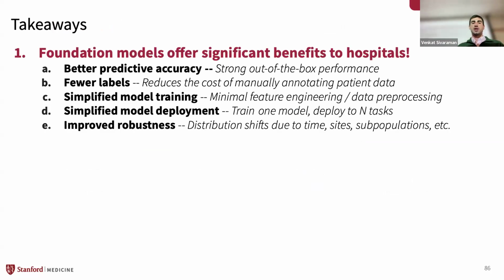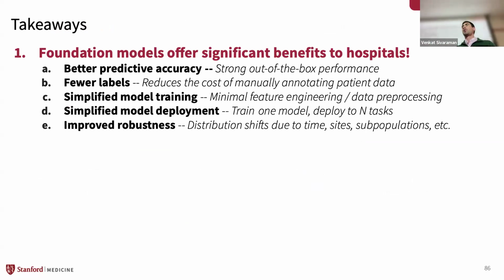So what does this mean for hospitals? Just to very briefly conclude, I think the main takeaway from at least my experience working in this field is that foundation models do have the potential to offer significant benefits. We mostly focused on accuracy and performance in this talk, but there could be a whole other talk on the deployment considerations that make this approach very appealing to a hospital, right?